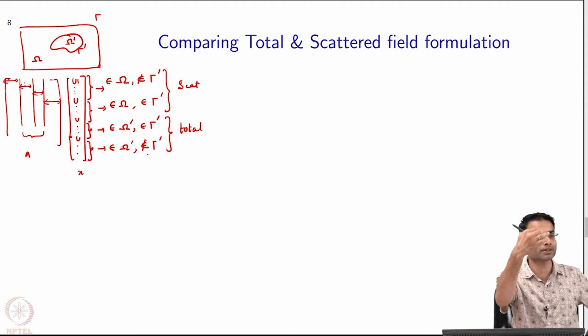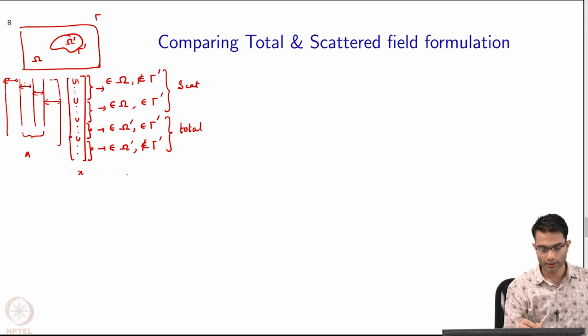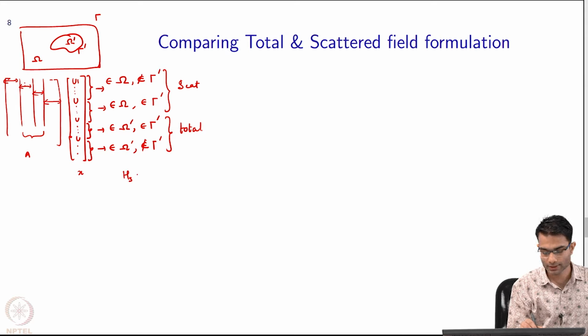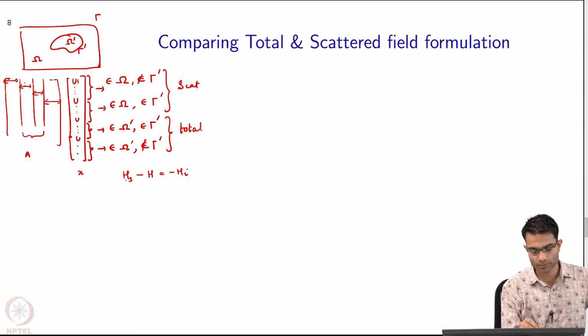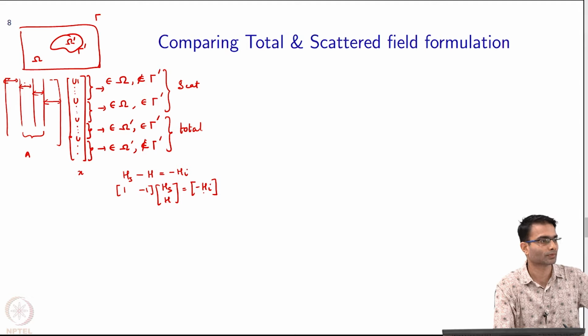So what is the equation that links scattered and total? It is going to be of this form, Hs minus H is equal to Hi. So in terms of, if I want to write it like this, it becomes 1 minus 1 times Hs, H. Right.